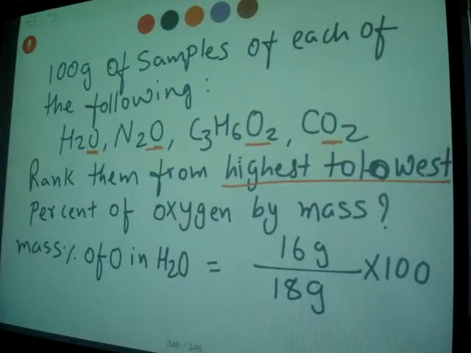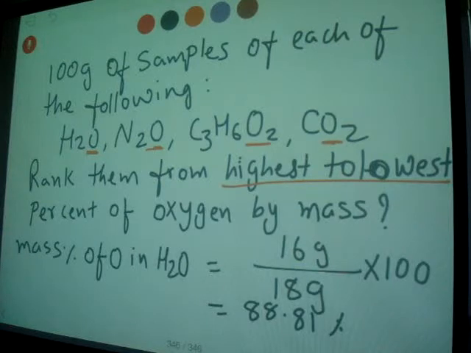What we got for H2O, when you calculate, is 88.81%. Similarly, I want you guys to calculate for all other compounds.